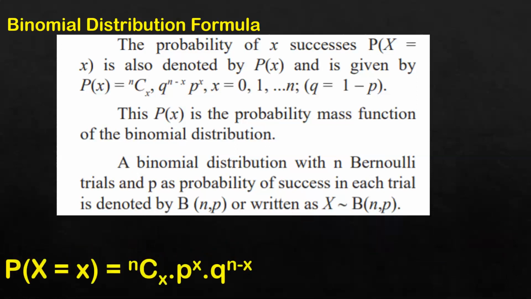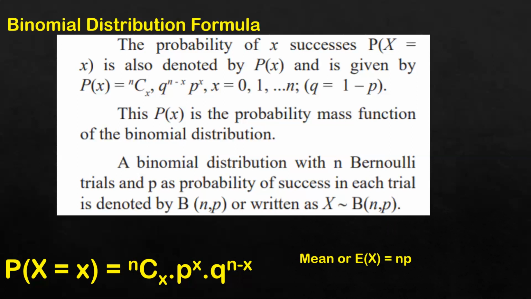So you can have a look. This is the formula that we are going to use in our next exercise. So the topic is binomial distribution in a probability distribution, where we will be finding out the probability distribution of x successes of Bernoulli trials. So P of x is equal to nCx into success, that is p raised to x, into failure, that is q raised to n minus x.